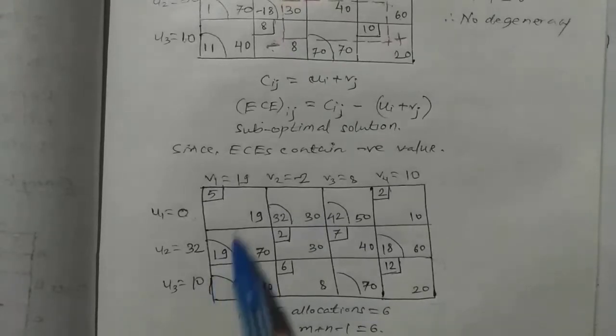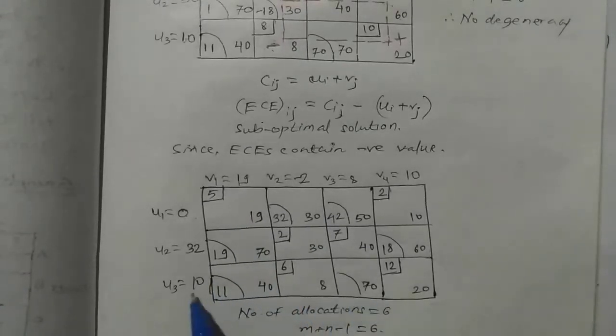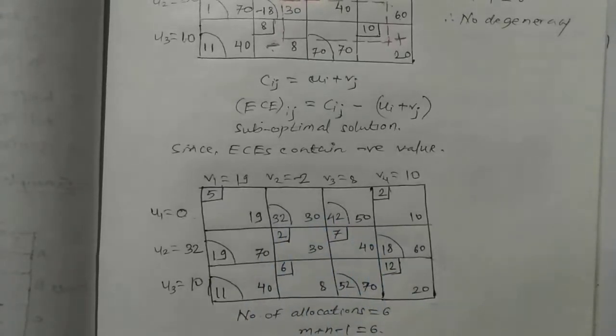Here 10 plus 19, 29, 40 minus 29, 11. 10 plus 8, 18, 70 minus 18, 52. So we get here all empty cell evaluations as positive values.